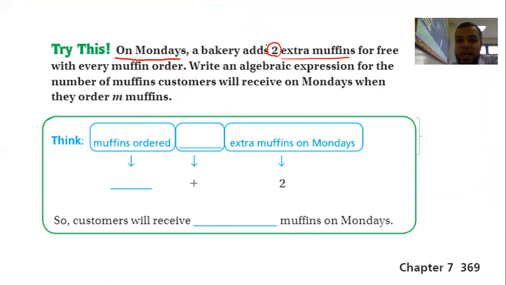So I have seen the word add, and add means plus. Okay, 2 extra muffins for free with every muffin order. So especially on Mondays, a bakery adds 2 extra muffins for free with every muffin order.